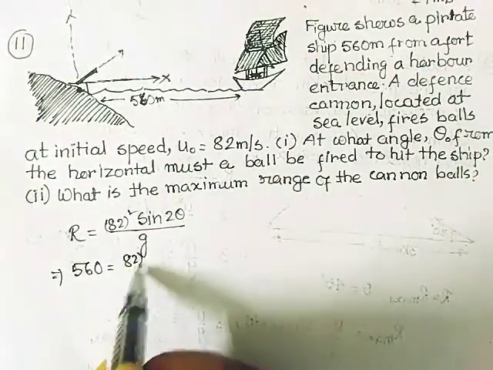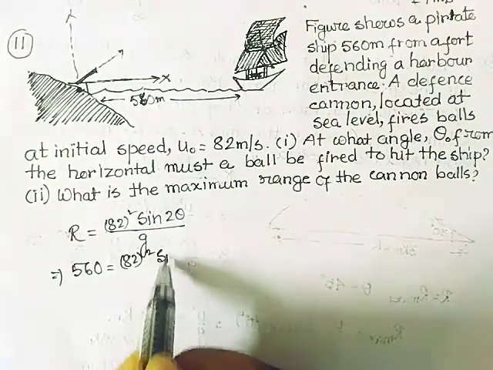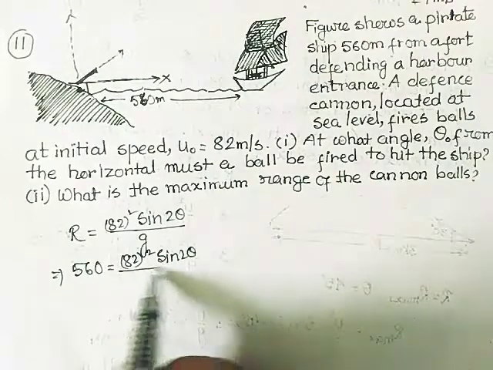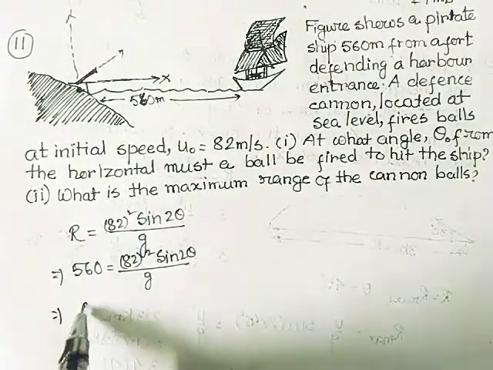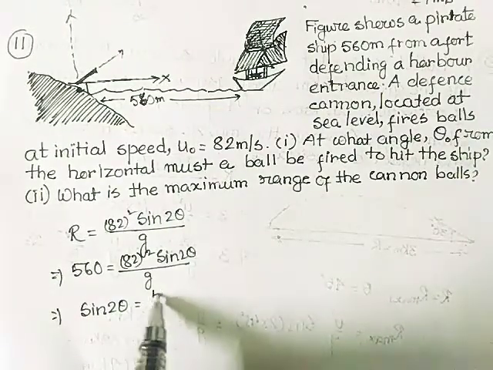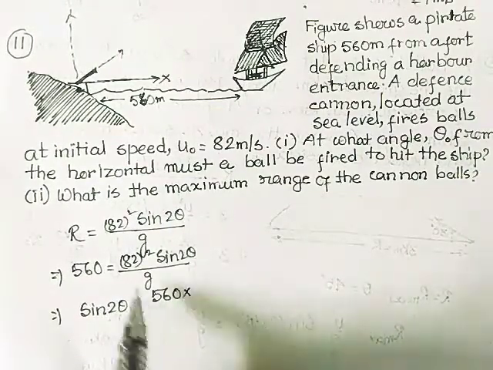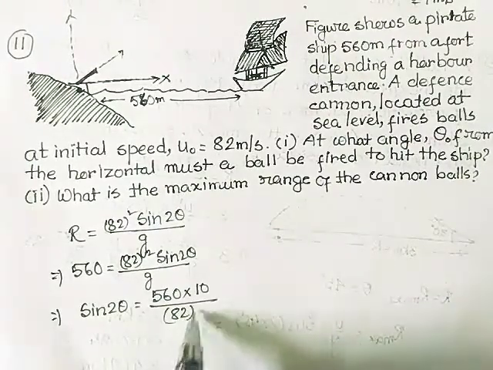It is 82 whole square sine 2 theta divided by g. g is approximately 10. So we can write this sine 2 theta as 560 times g, which is 10, divided by 82 whole square.